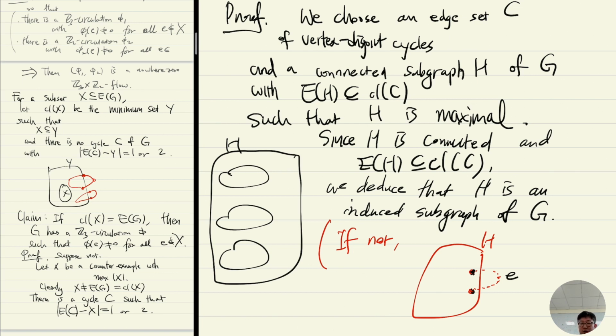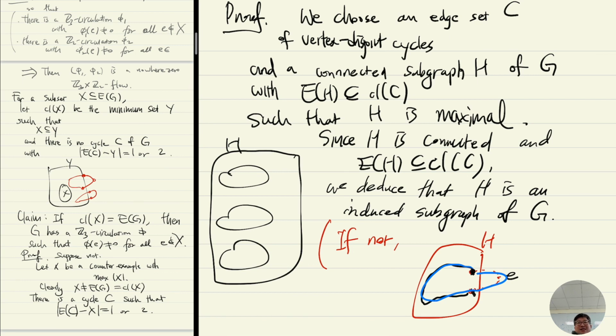But why is it in the closure? Because I have a path connecting these two vertices, because H is a connected subgraph. And all these edges, the black edges in the path, are contained in the closure of C. Now, there is a cycle, right? So you have a cycle C, which has only one edge outside of the closure, which is a contradiction, right?